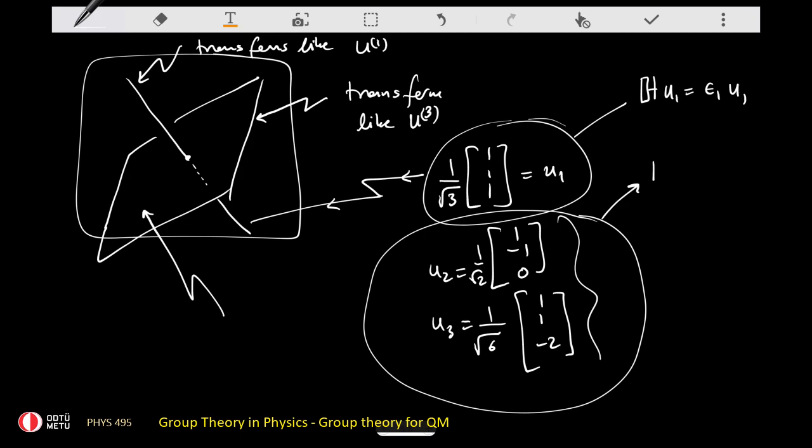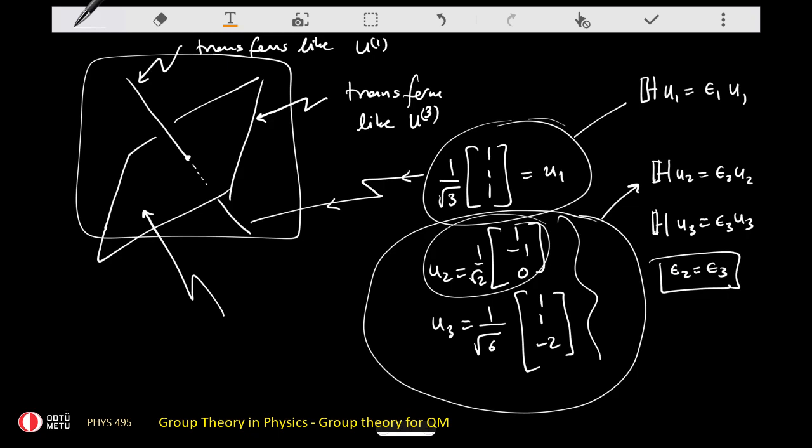But U2 and U3 are also eigenvectors. H U2 is epsilon 2 U2, and H U3 is equal to epsilon 3 U3. But epsilon 2 is equal to epsilon 3. These two are degenerate, and that's why I just chose these randomly. It doesn't matter whether the vector is U2 or U3 or any linear combination of these two; we are going to get the same eigenvalue.